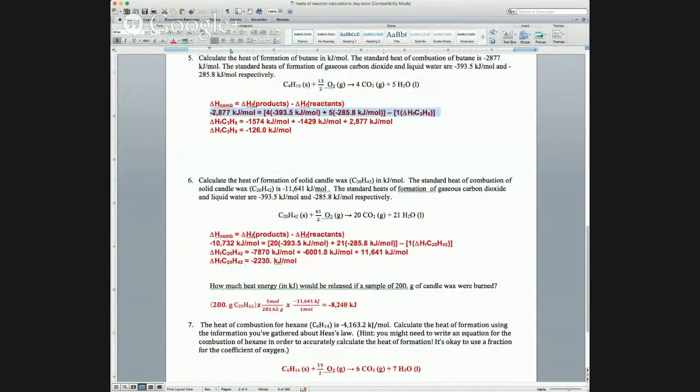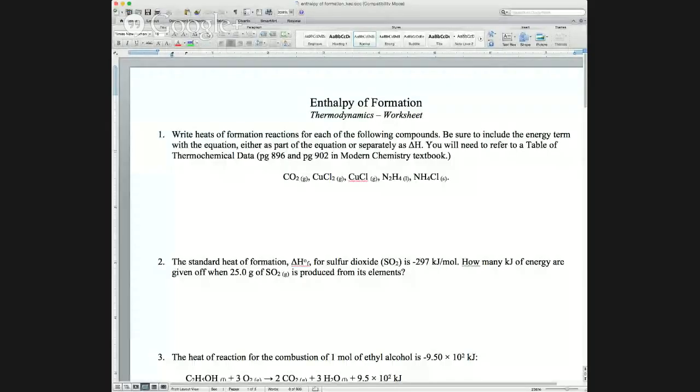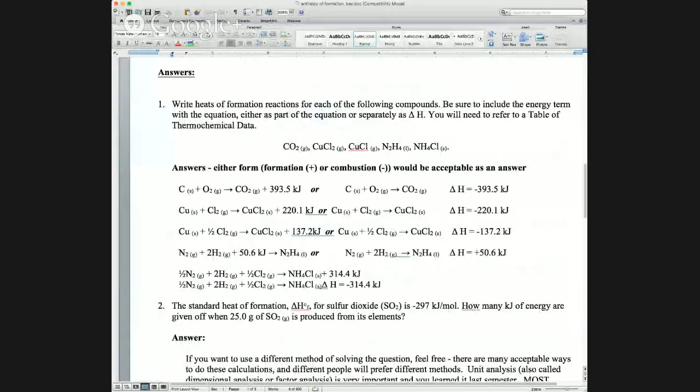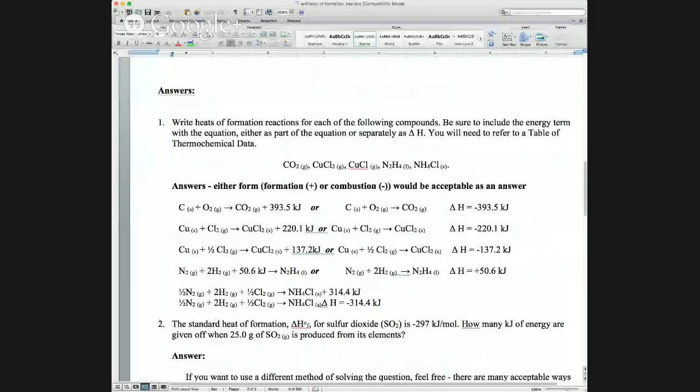Now, what I wanted to show you, since we're talking about this, the heat of formation. Let me open that one real quick. Okay, there we go. And I think I have the work here. Okay, so now you can see that for the formation, you've got C plus O2 yields CO2.